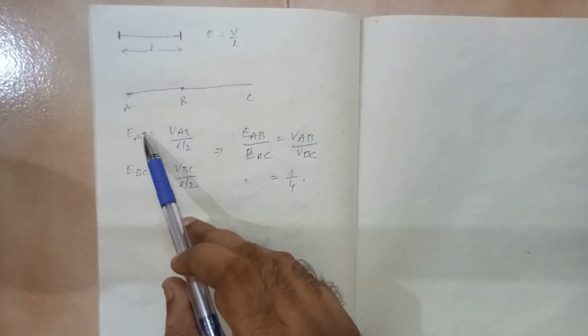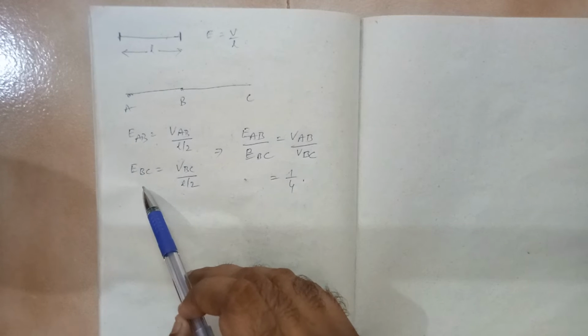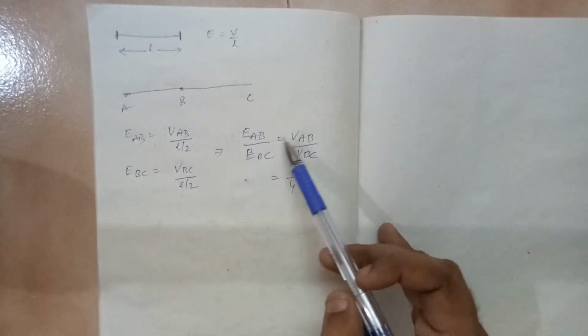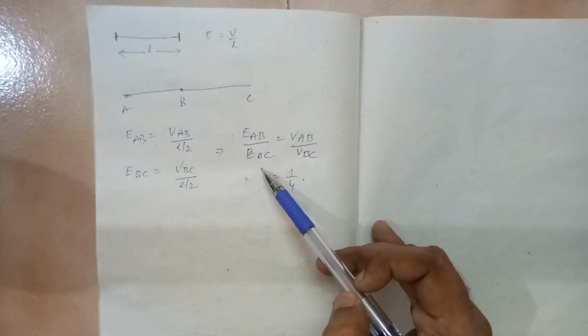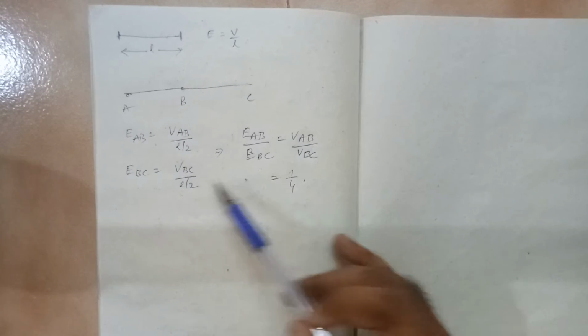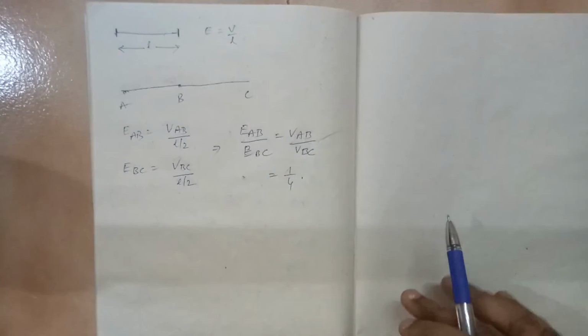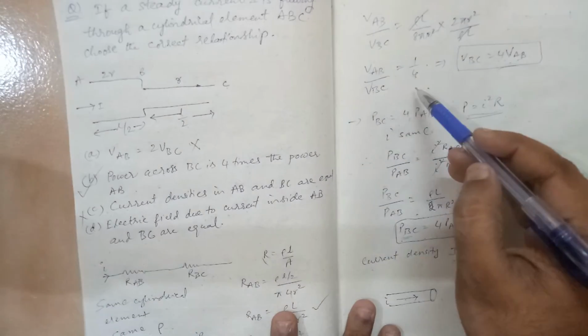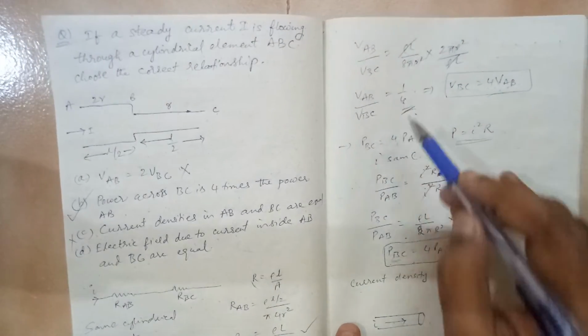We want to know whether EAB and EBC are same. Then you should get the ratio as 1. So take the ratio, EAB by EBC: L by 2 cancels, so it is VAB by VBC. But VAB by VBC we have done earlier, and we obtained the value as 1 by 4.